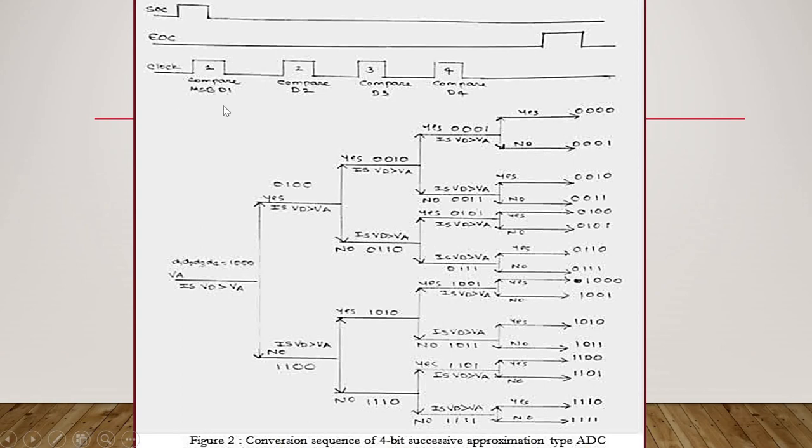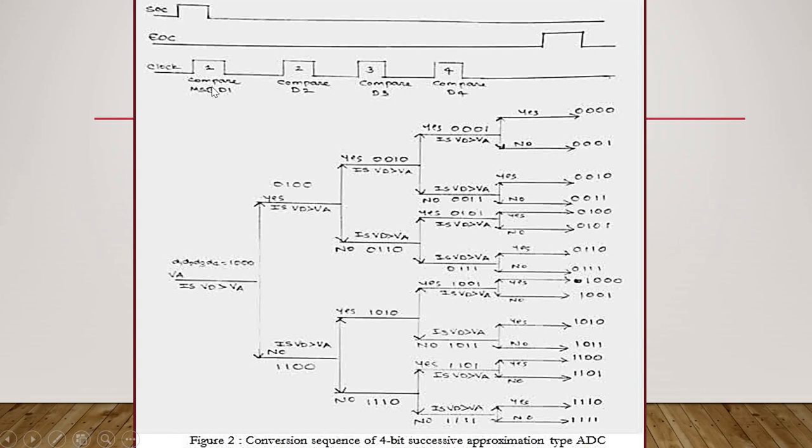With the first clock signal, we are going to compare the MSB bit, which was Q7 in the previous case. Here MSB is mentioned as D1 and LSB as D4, whereas there MSB was Q7 and LSB was Q0. In that manner, this will be Q3 and this will be Q0.